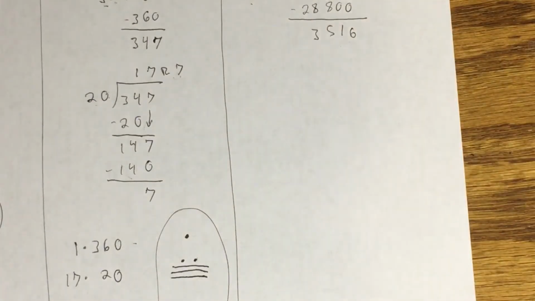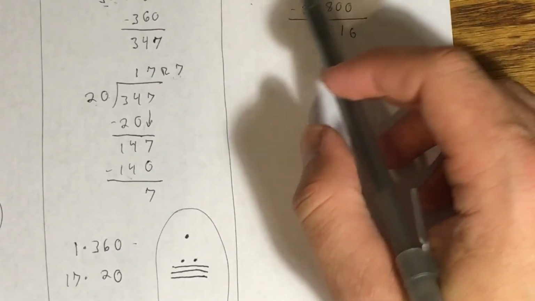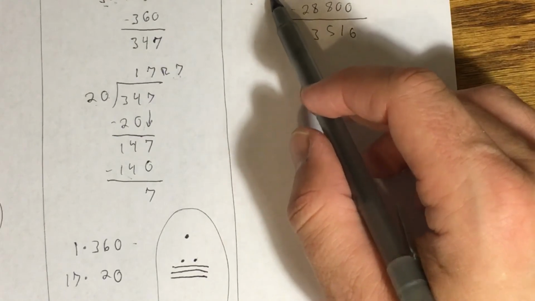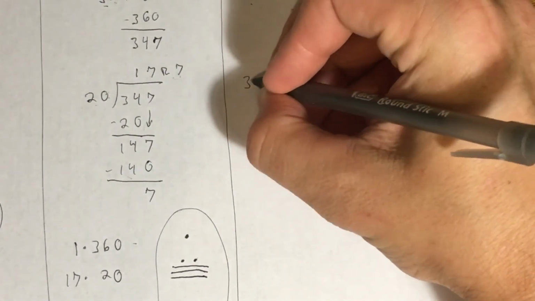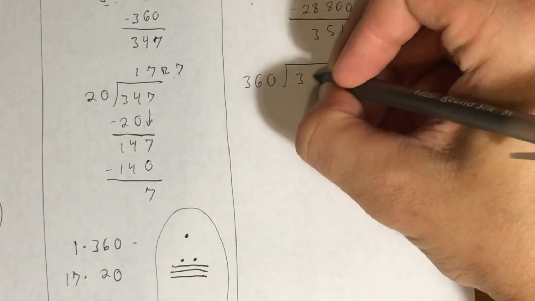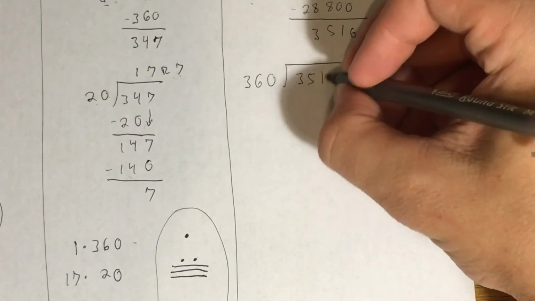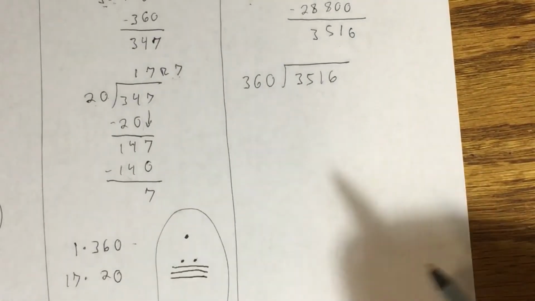3,516. All right. Now, we take our remainder and we divide the next place value into that. So that would be 360 into 3,516. Remember, 360 would be the next place value down.